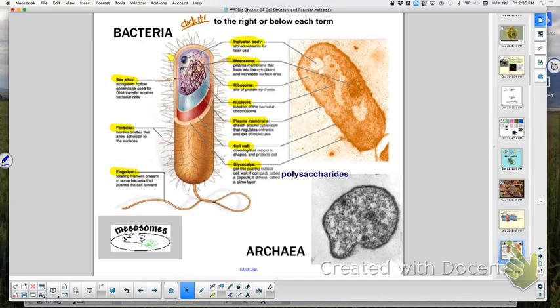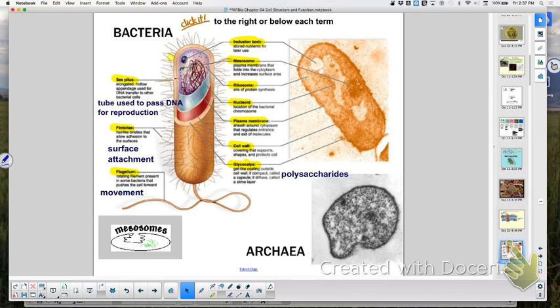All these little wispy things are the fimbriae that help it attach. Then you could have the flagellum, which helps it move. And you might see coming out of that a sex pilus for conjugation. You use that to pass your DNA.